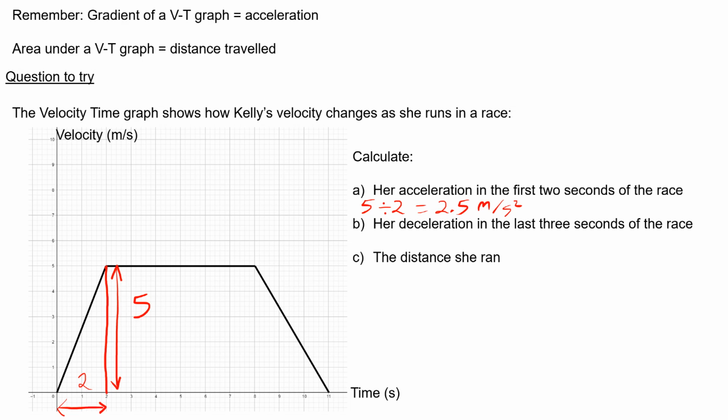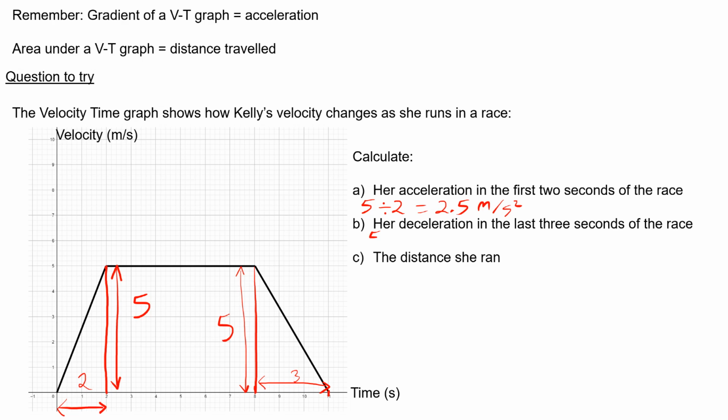Her deceleration in the last 3 seconds of the race, well, that's from 8 seconds to 11 seconds. So we need to consider the gradient here. Now it's sloping downwards, so technically this is a negative gradient. And we look at the change in y, or the change in velocity, which is 5, and the change in x, or the change in time, is 3.